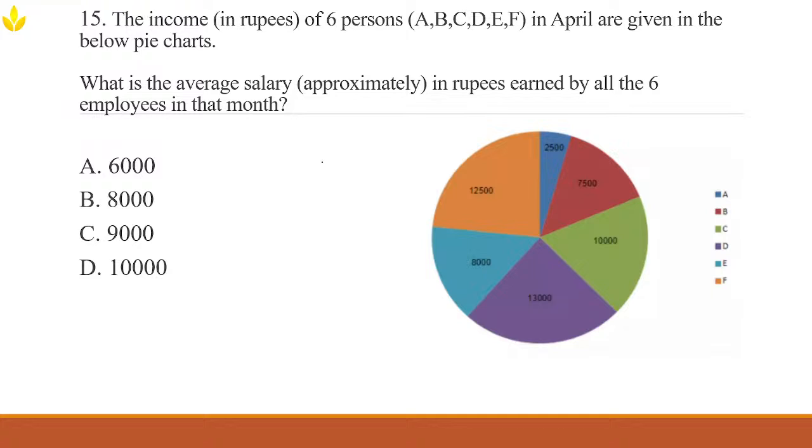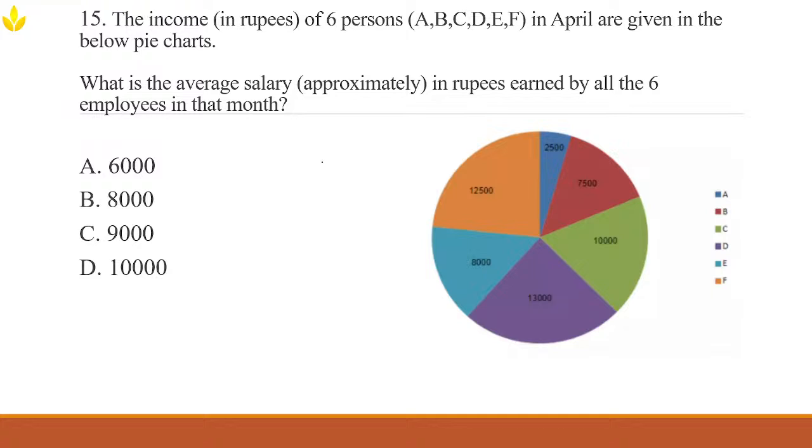Okay. So this question is nothing but the income in rupees of six persons A, B, C, D, E, F in April are given in the below pie charts. What is the average salary approximately? If it is given as approximately, you don't need to calculate the exact values here.